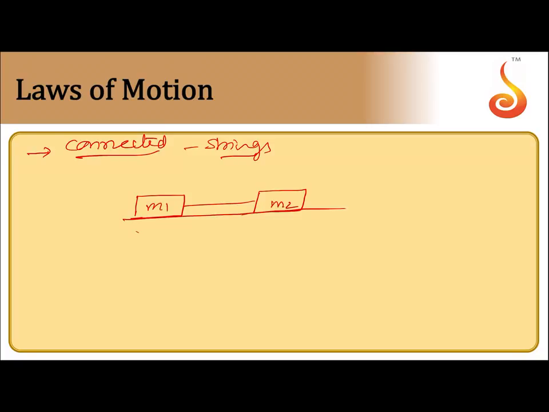Masses are m1 and m2, and I am applying a force F, and the entire system accelerates towards right with an acceleration A, and T is the tension in the string. Acceleration is clearly F divided by m1 plus m2, and the tension in the string is m1 F divided by m1 plus m2.